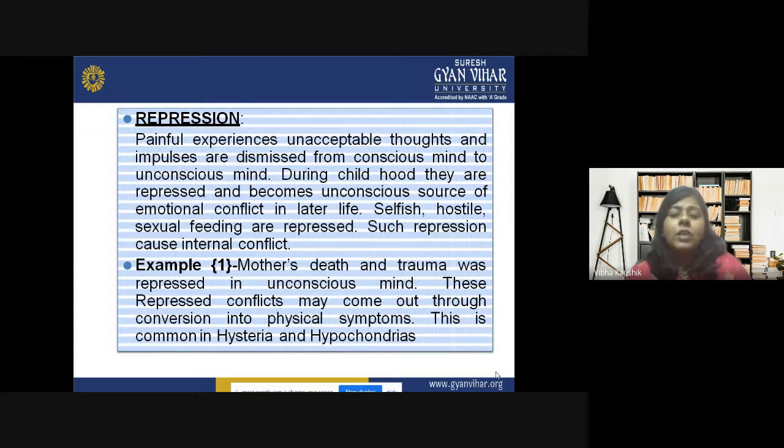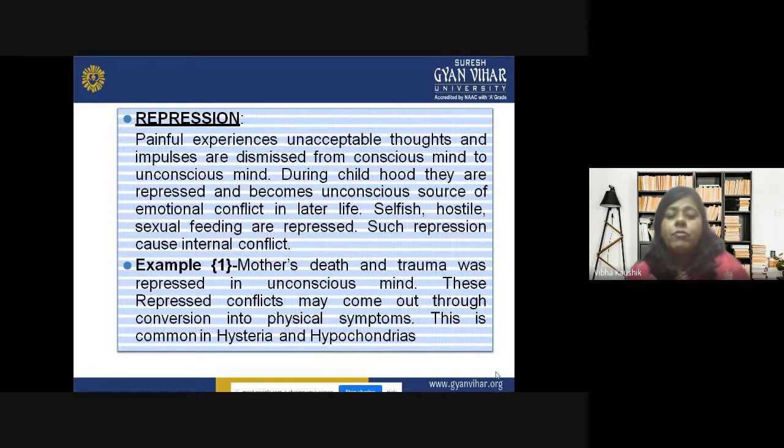Selfish, hostile and sexual feelings are repressed. Such repressions cause internal conflicts within an individual. Example first: a mother's death and trauma are repressed in the unconscious mind, meaning the death of a mother is repressed in the unconscious mind of an individual.